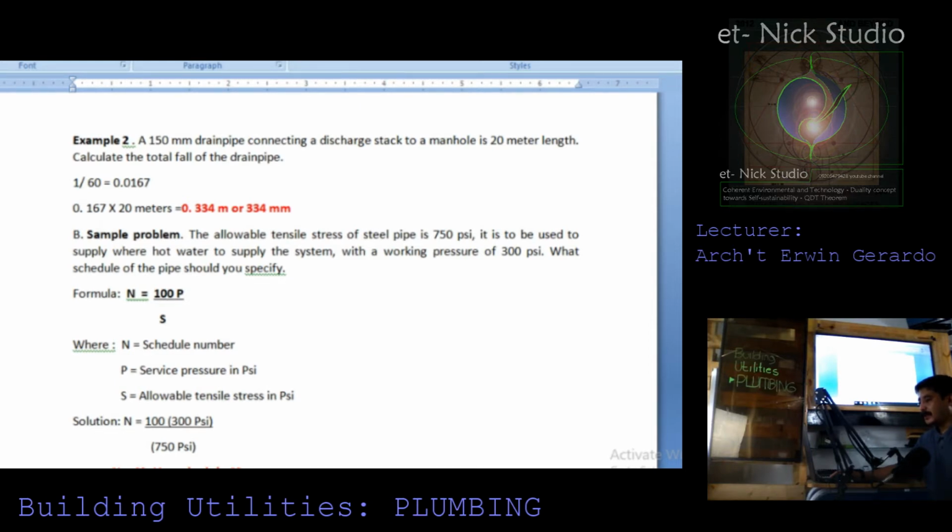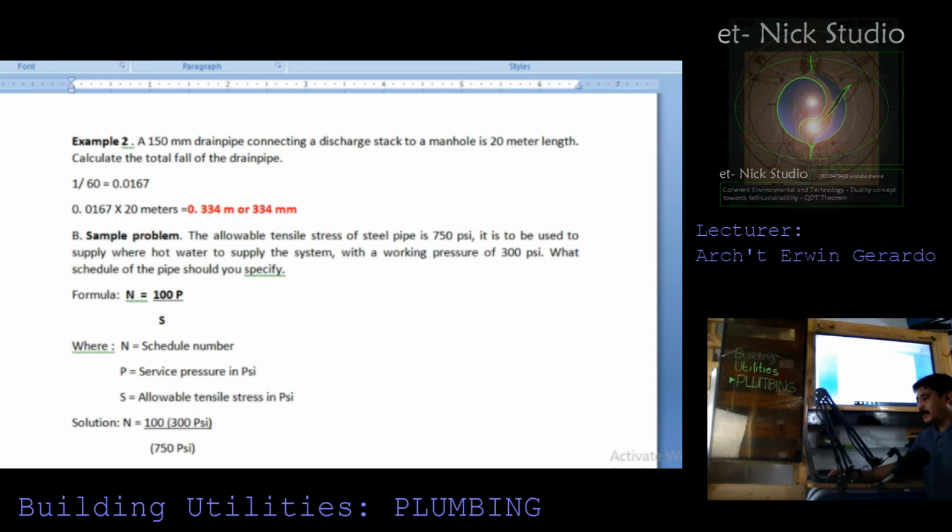Take note that it was discussed a while ago, that is why we are able to derive 0.0167. You just multiply by the 20 meters length of the pipe, and we have a height of 0.334, or it is equivalent to 334 millimeter. This is the height of the 150 millimeter diameter drain pipe if its length is 20 meters.